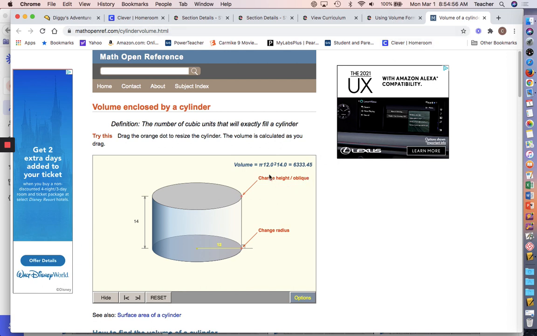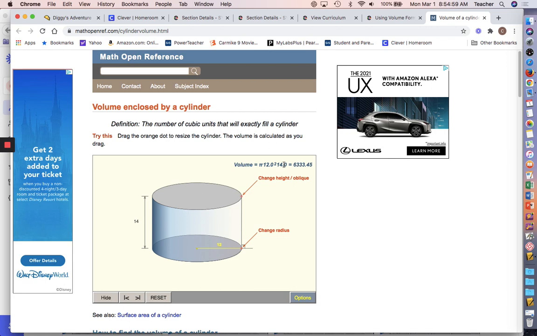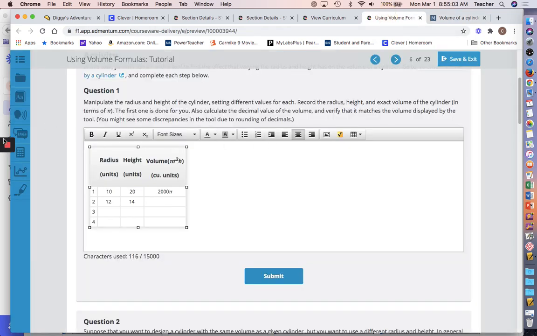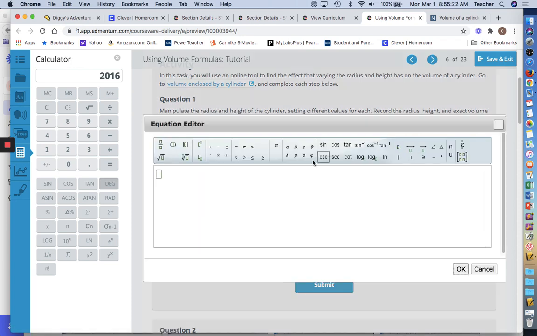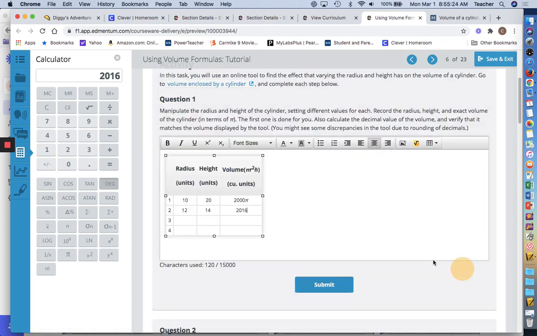We want to do the r squared h, and then stick a pi symbol right behind it. So I'm going to come over here to my calculator. R squared times h, so it's going to be 12 squared times height is 14, so it's going to be 2016 with a pi symbol. Now pi is in your equation editor, so you're just going to hit pi and hit OK.